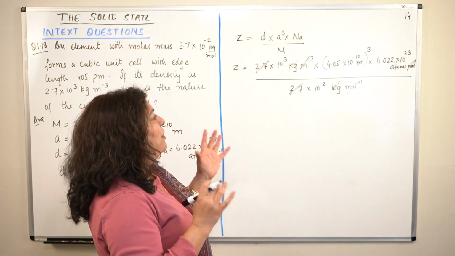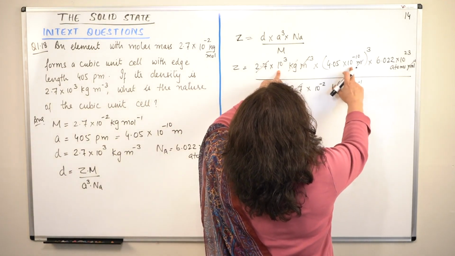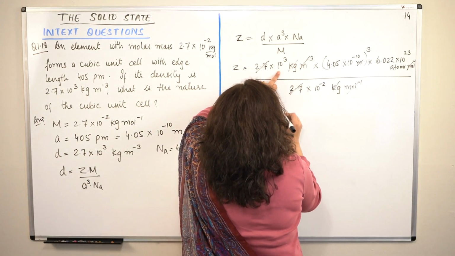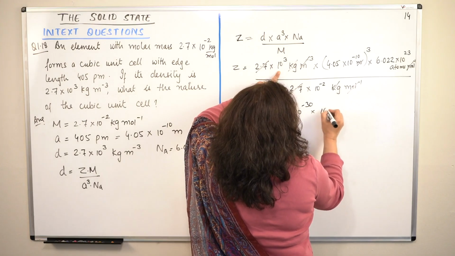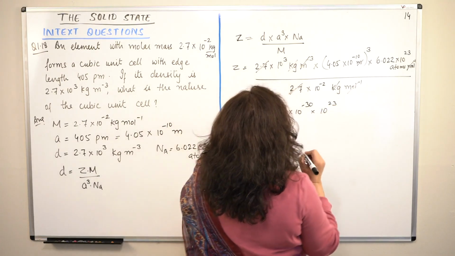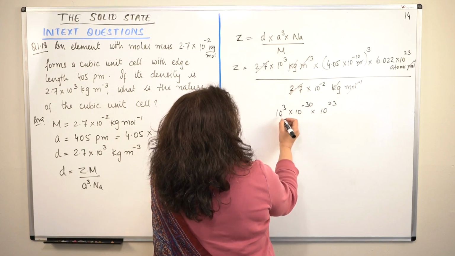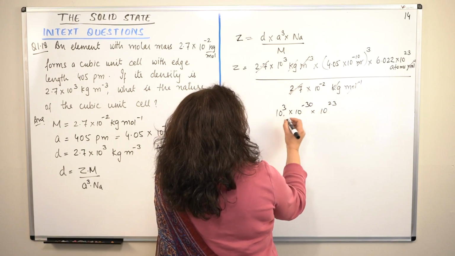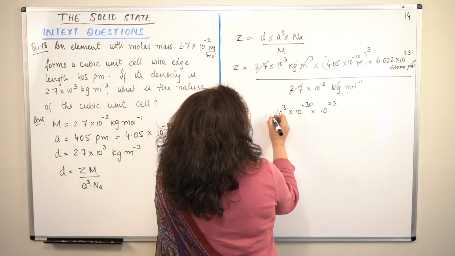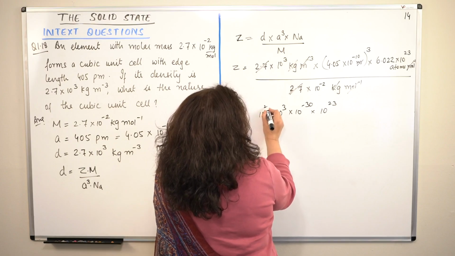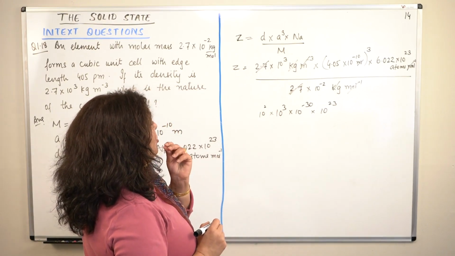As far as the powers of 10 are concerned, 10 to the power 3, 10 to the power minus 30, 10 to the power 3 into 10 to the power minus 30 into 10 to the power 23, right? And 10 to the power minus 2, if you bring it up, becomes 10 to the power 2.